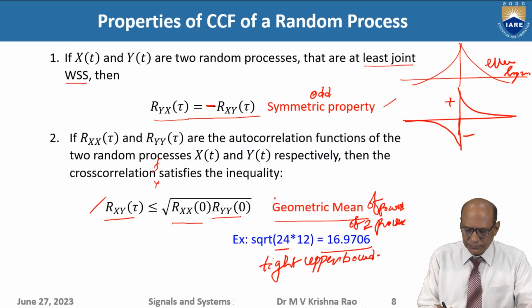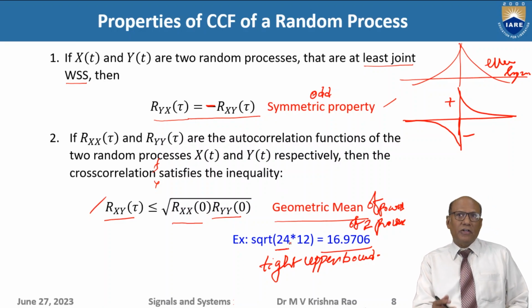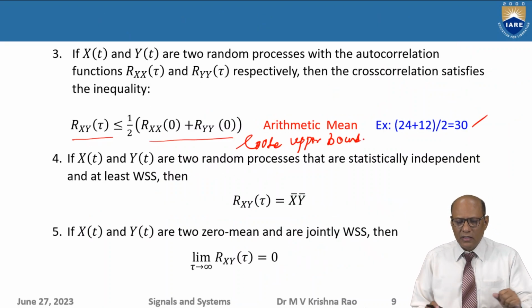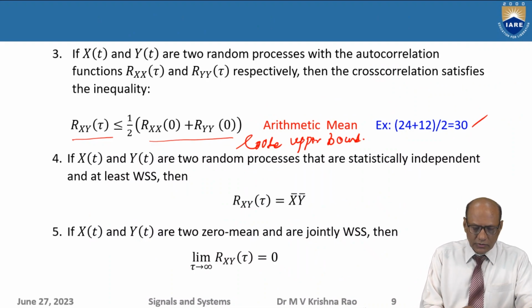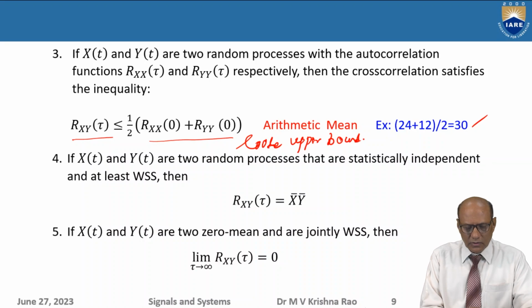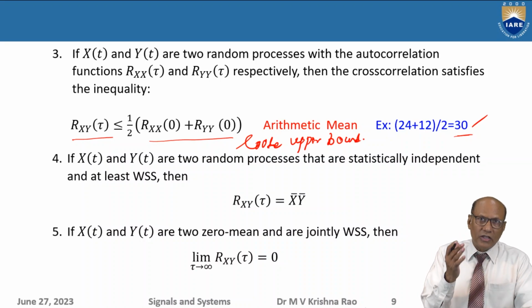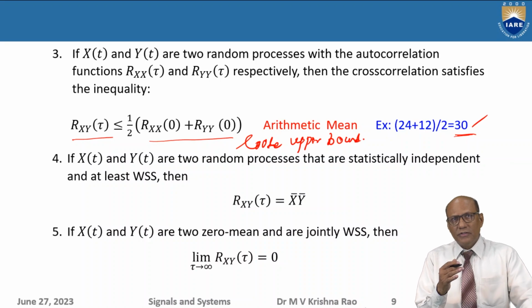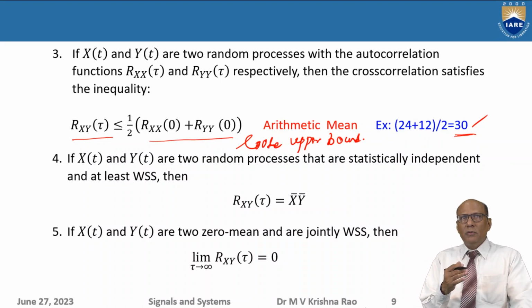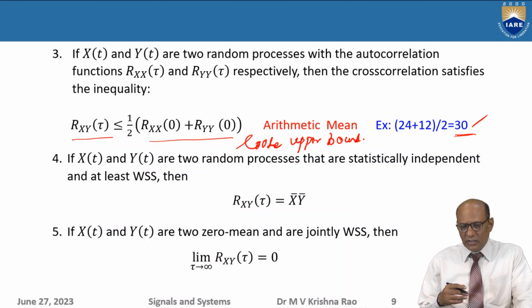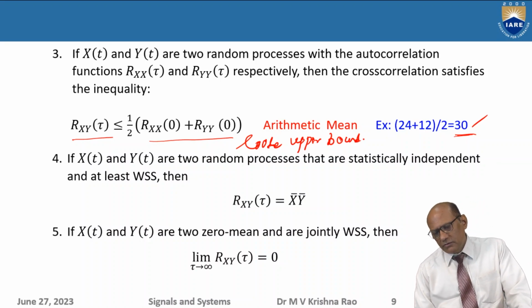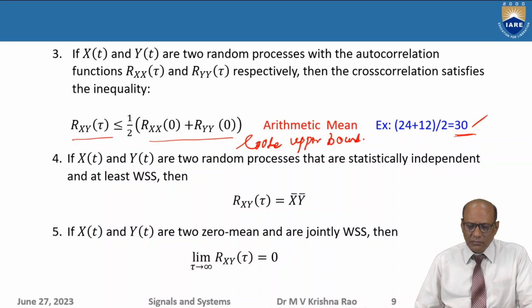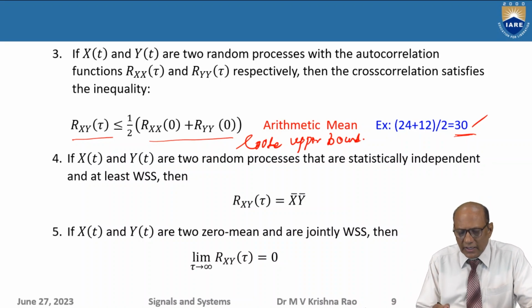So the geometric mean is the tighter bound, and the arithmetic mean is the loose upper bound. That is the third property. Here this is 30, earlier it was 16.97. So it is tighter. It cannot be more than 16.97. If it is not more than 16.97, automatically it is also not more than 30. So the geometric mean bound will be satisfied before the arithmetic mean bound is satisfied. And the arithmetic mean bound is not a tight bound, it is a loose bound.